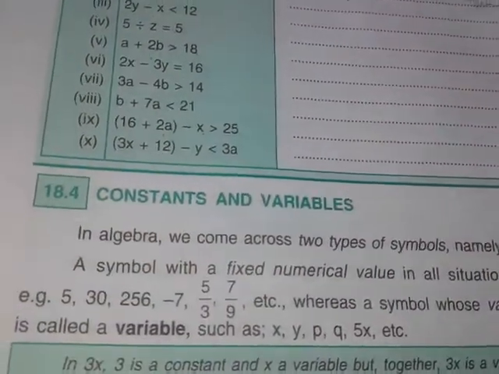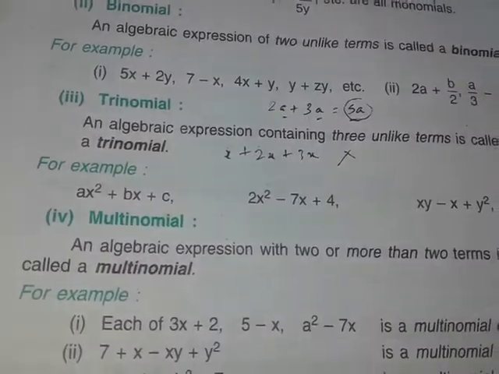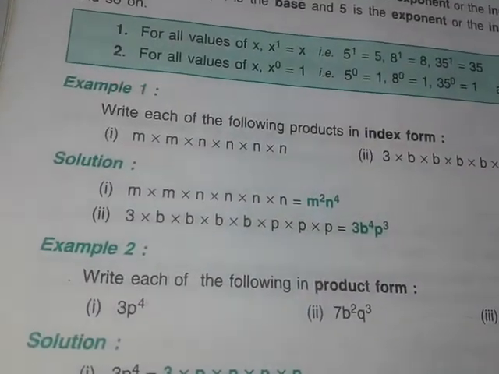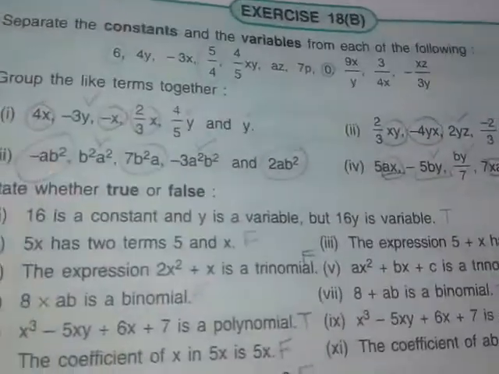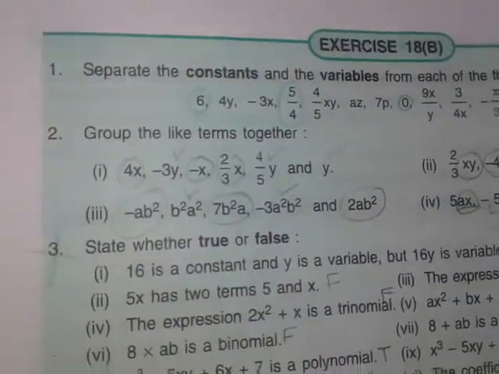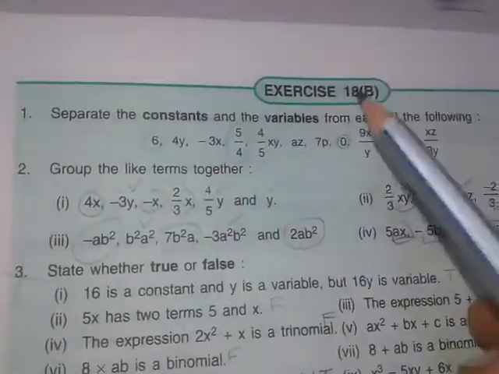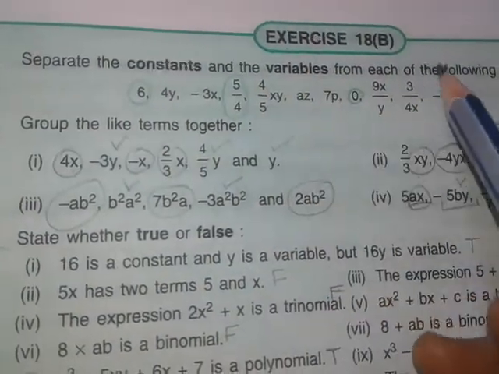Now, the constants and variables. What are constants? Constants are related to numbers, because numbers never change. And variables are related to small alphabets, A to Z. Always write small alphabets. In exercise 18b, you can see separate constants and variables.